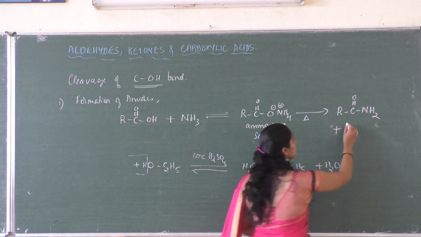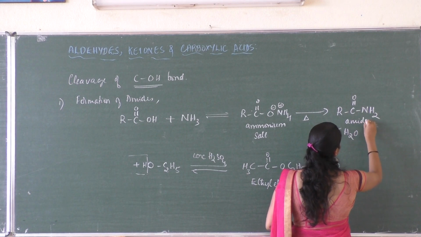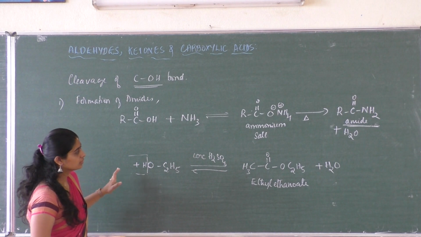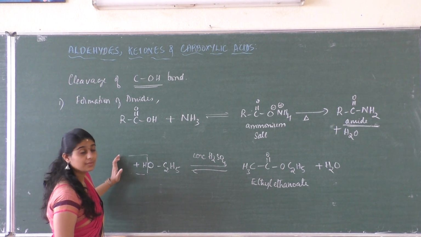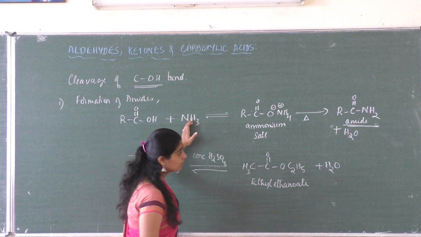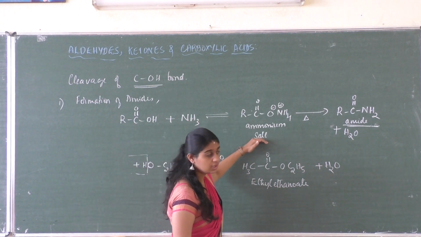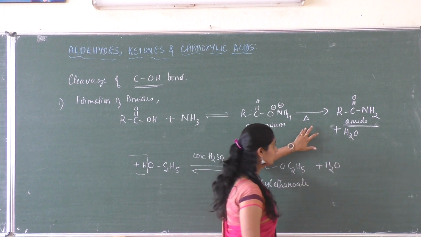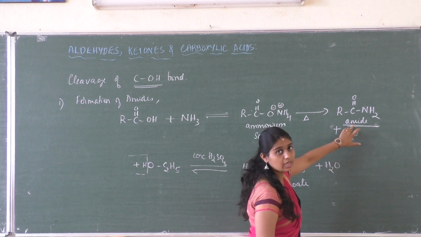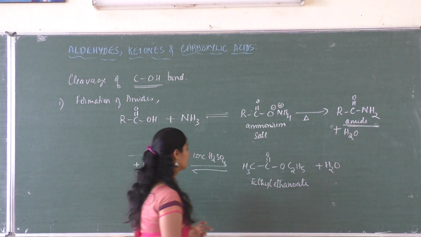So this is nothing but an amide. So when carboxylic acids are reacted with ammonia, ammonium salts are formed, which on further heating at higher temperature will lose a molecule of water so as to give amides as the final product.